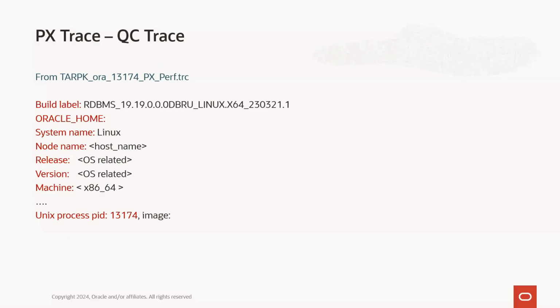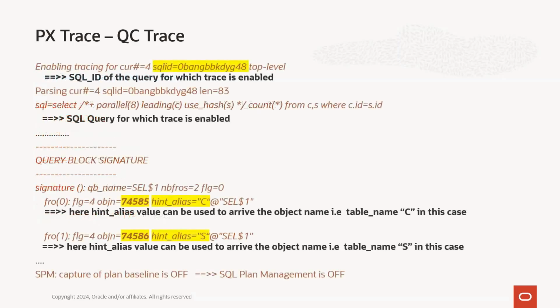Here you can see 13174, which is the same process ID added to the trace file name. In this way, we can identify the trace name for that particular query.